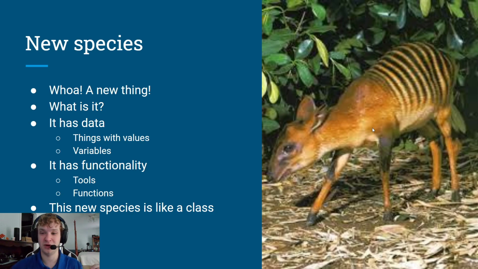If you want it to dance, sure, you can do that. Hopefully this analogy is making sense to you. So a new species is a new class. Every species or class has data, which corresponds to variables, which have values, and functionality, which corresponds to functions in Processing. That's something that it does, right?